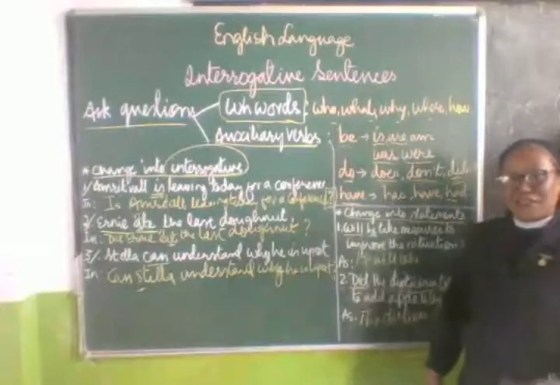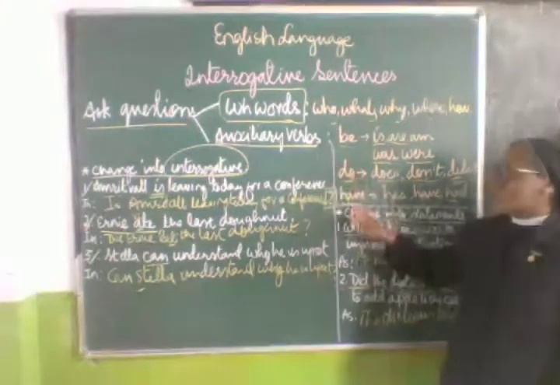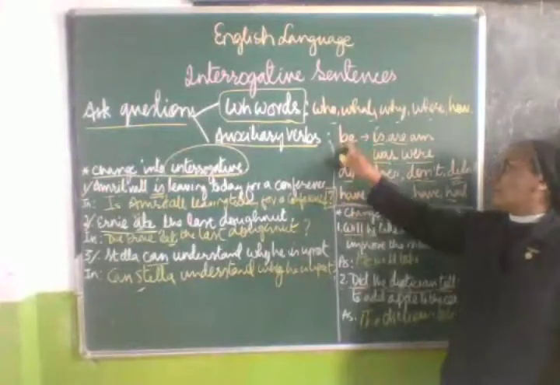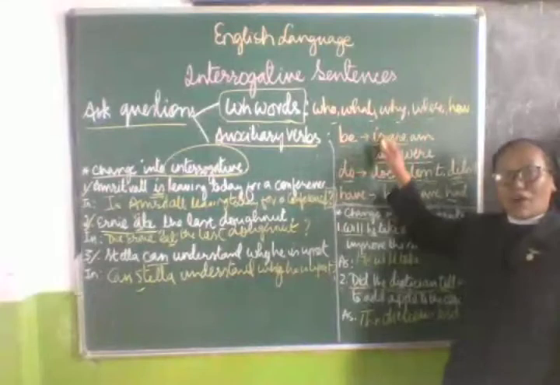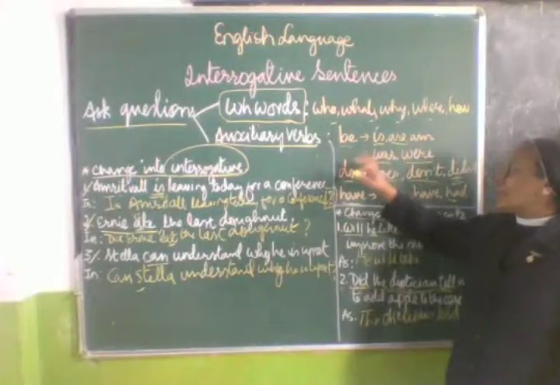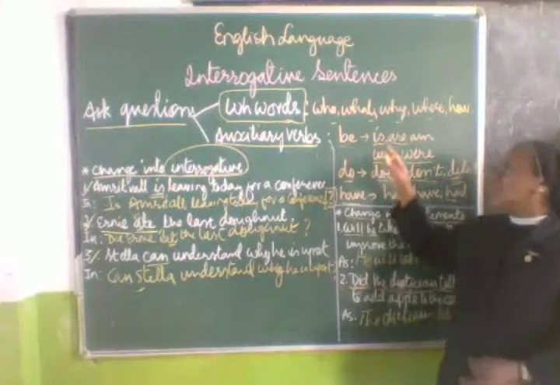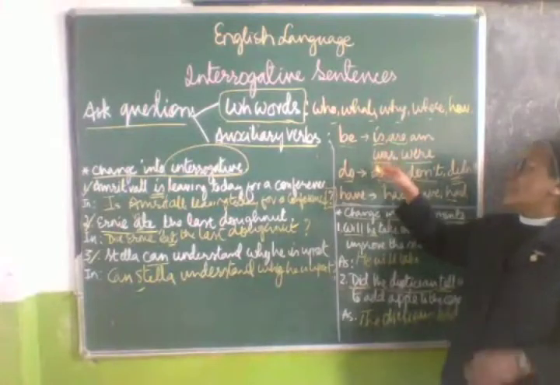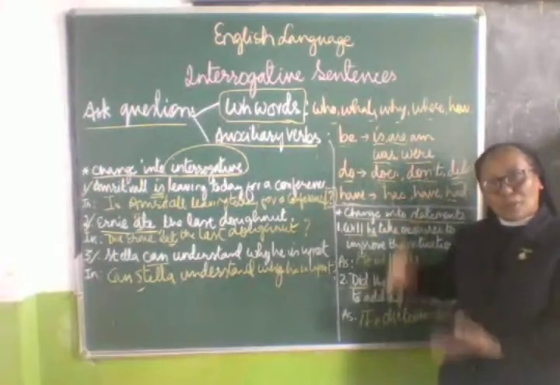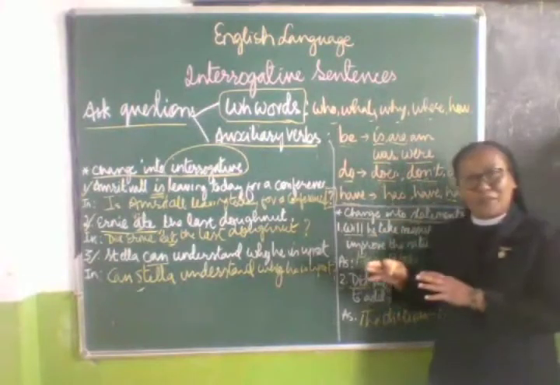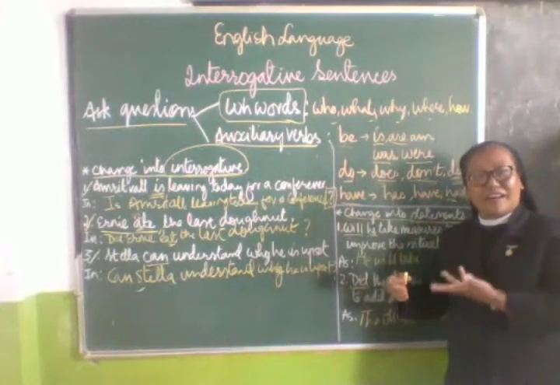So the only thing is you need to know the auxiliary verbs, the forms of auxiliary verbs: be form, do form, and have. Their forms are is and are, and in the past was and were, and in the negative isn't, wasn't, aren't, weren't, that you need to know, okay? So contracted form. Weren't is were not. Aren't is are not.